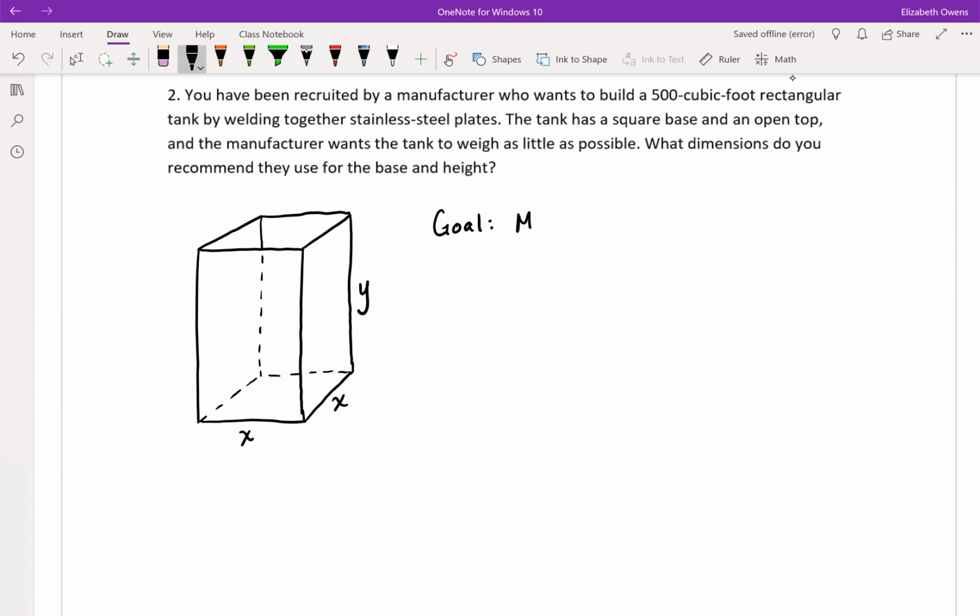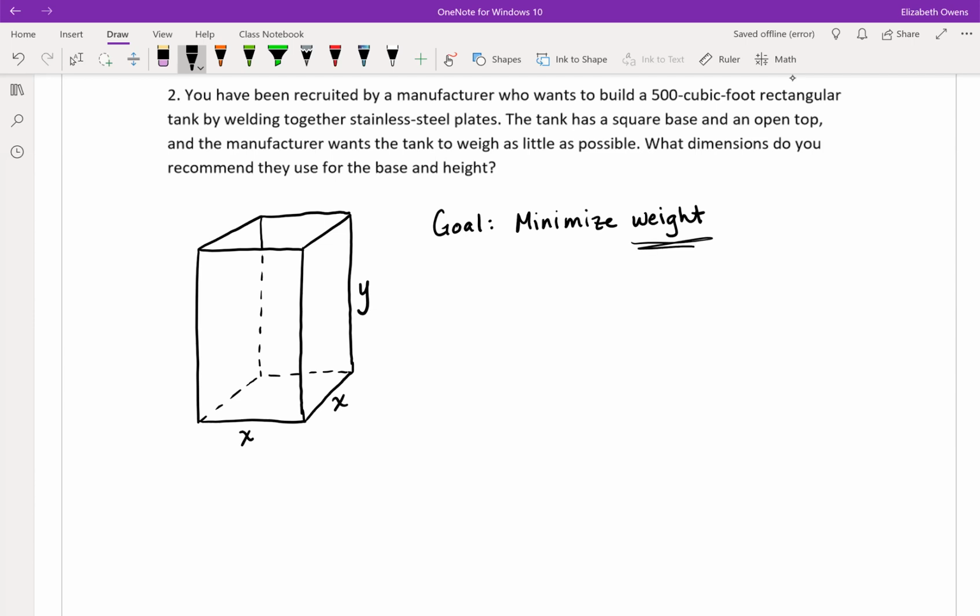So you can even write that to begin with. Minimize the weight of the tank. But coming up with an equation for the actual weight could be kind of difficult, because remember your next step after identifying your goal is to come up with an equation for your quantity of interest.